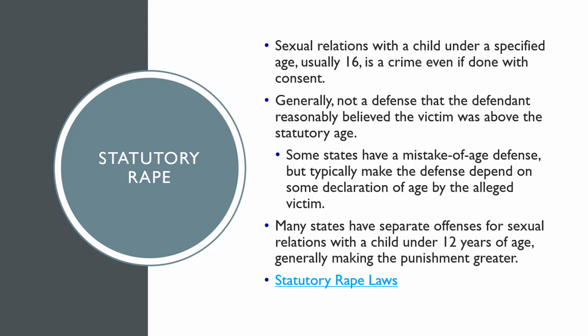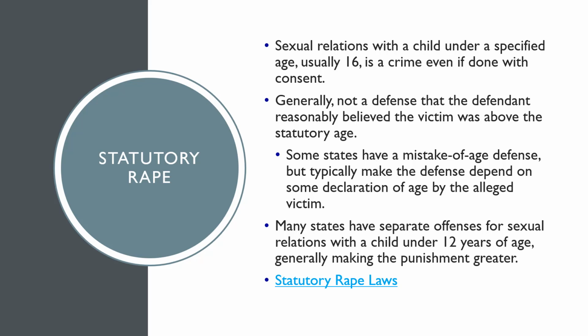So usually sexual relations with a child under a specific age, and the most common age is 16, is a crime, even if the child, the person under 16, the teenager, consents to it. And generally, it is not a defense that the person having sex with a child believed that child was old enough. Now, some states allow this.